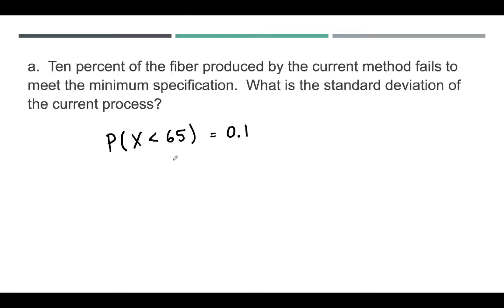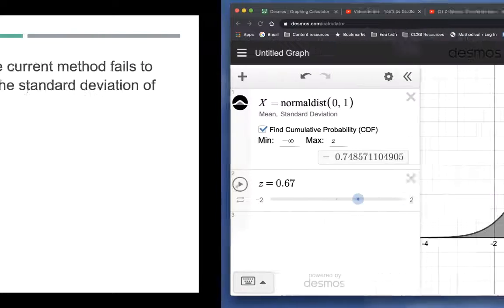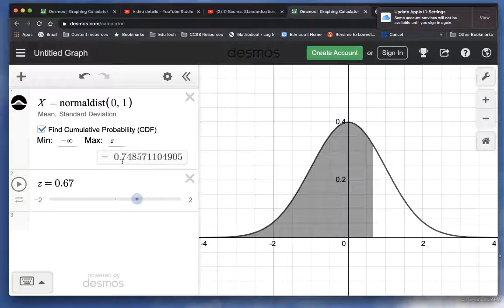So what we're going to do is look for the z that gives us a probability of 0.1. Then we'll know how many standard deviations we are working with here. So let's find out when we have 0.1.